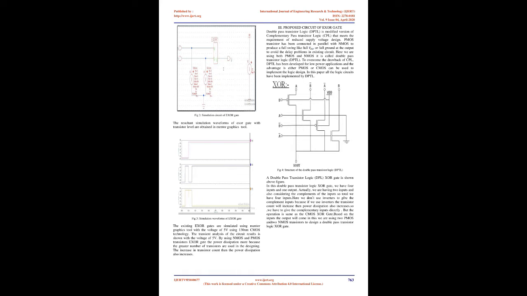In this, we are using the CMOS technique. It is also known as complementary symmetry metal oxide semiconductor, a type of MOSFET. The fabrication process uses complementary and symmetrical pairs of P-type and N-type MOSFETs for logic functions. CMOS technology is used for constructing integrated circuits.